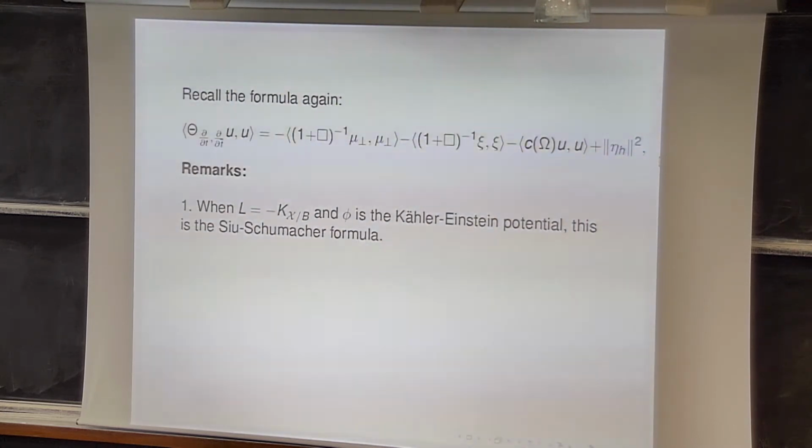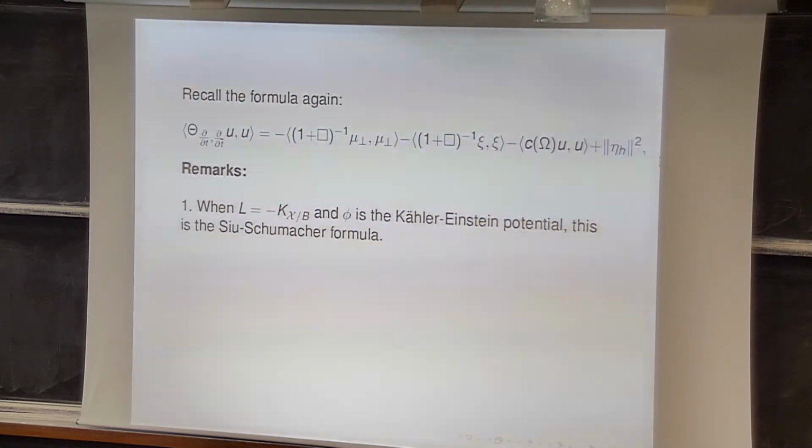And so let's now look at the formula again. Let's just see what the formula says in practice, so to speak. So there's the formula again. I just repeated it. And if we take L equal to the negative of the canonical bundle, and you take phi to be the Kähler-Einstein potential. Here L was arbitrary and subject to some condition on the curvature. But let's assume now that it is the negative of the relative canonical bundle, and phi is the Kähler-Einstein potential.